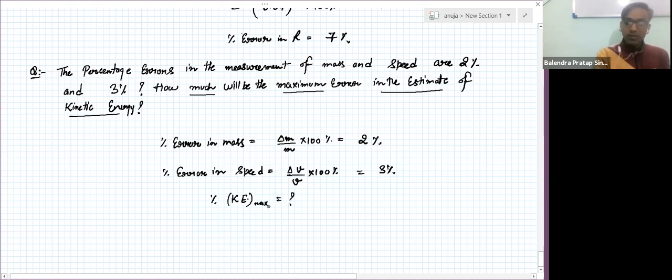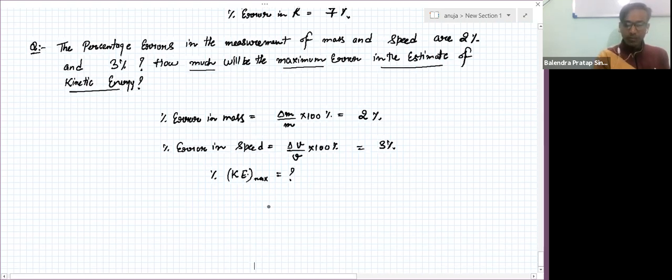What formula are we going to use for estimating the kinetic energy? The formula for kinetic energy is K equals half of mv square. Are you familiar with this formula? Yes, sir.